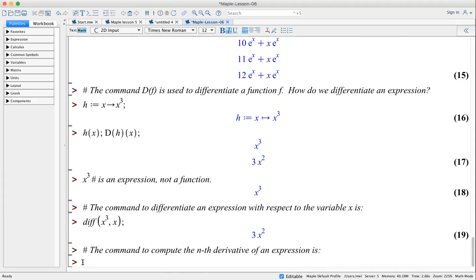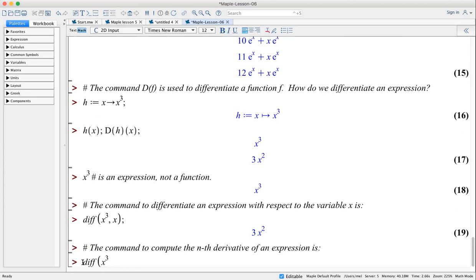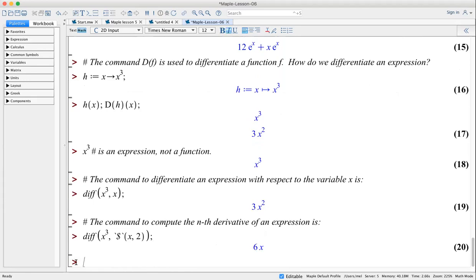You write diff, the expression, let's say x cubed, and then you do this sort of backwards apostrophe, and in parentheses, the variable x and how many derivatives you want to take. So this is going to give us the second derivative. If this works, the second derivative of x cubed is 6x. It does work.